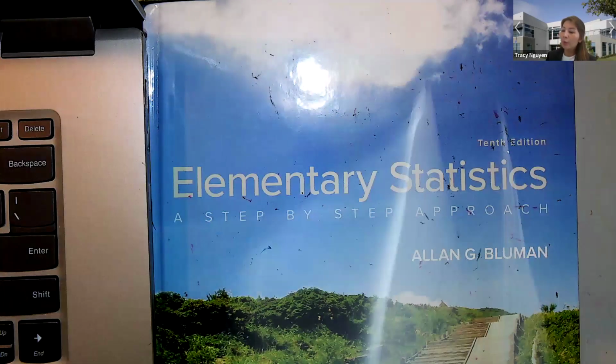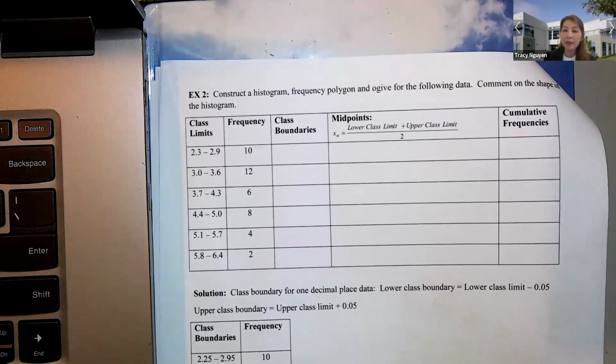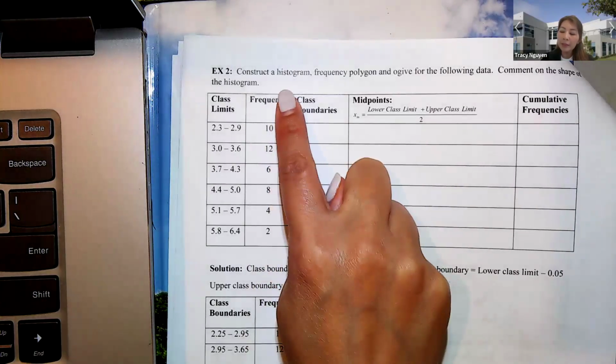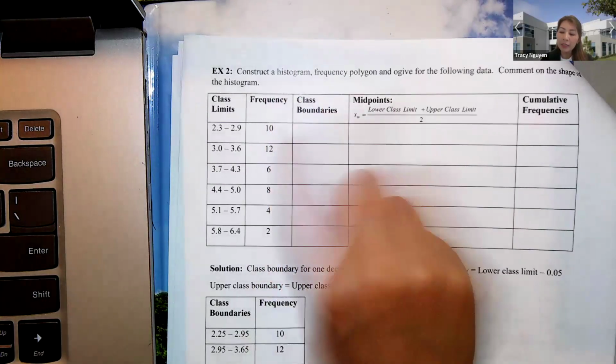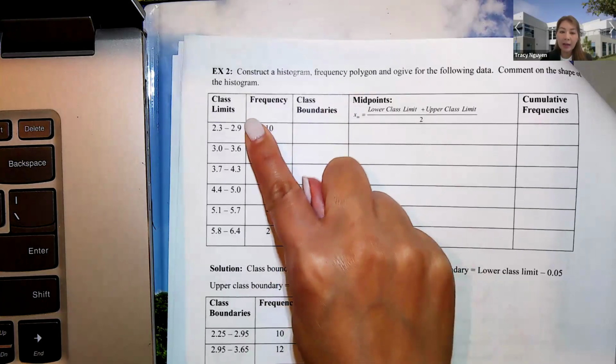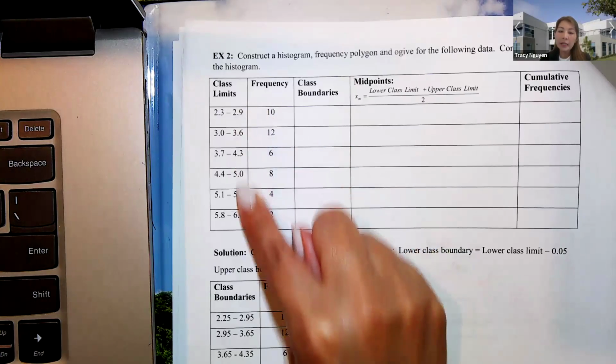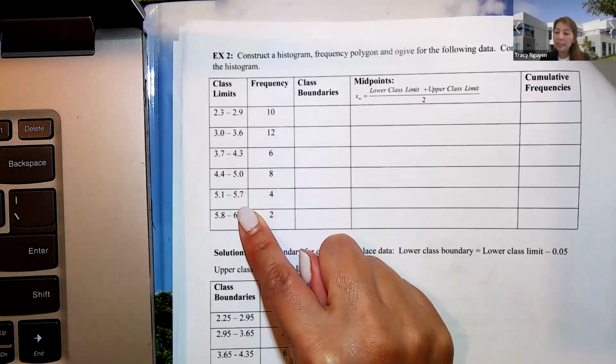Okay, now what I have here is the second example, very much the same thing. We're still working on histogram, frequency polygon, and ogive. The only thing we have changed here is our data. Instead of whole numbers from example 1, we now change the data to 1 decimal place data.